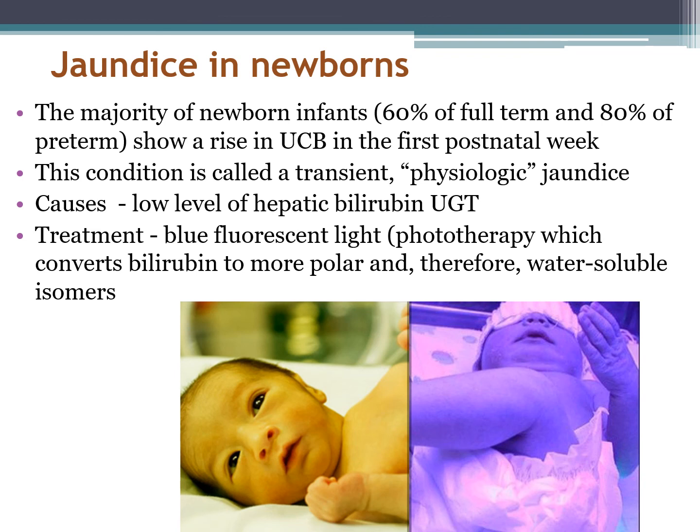It is caused by a low level of hepatic bilirubin UGT, which is bilirubin UDP glucuronyl transferase. Treatment is blue fluorescent light phototherapy, which converts bilirubin to a more polar and therefore water-soluble isomer. So this is what I had today for bilirubin.